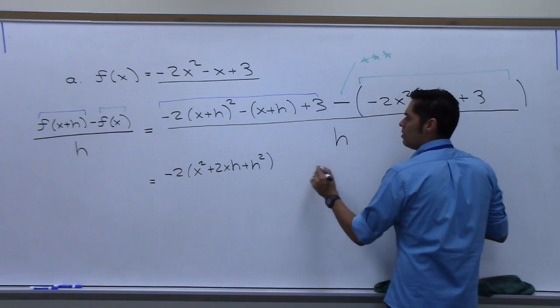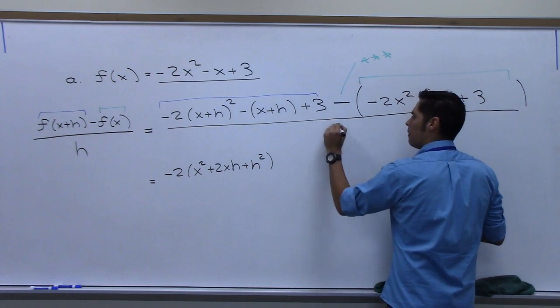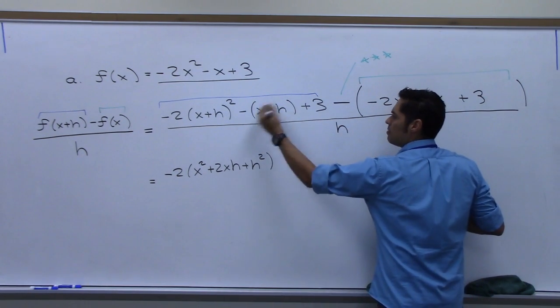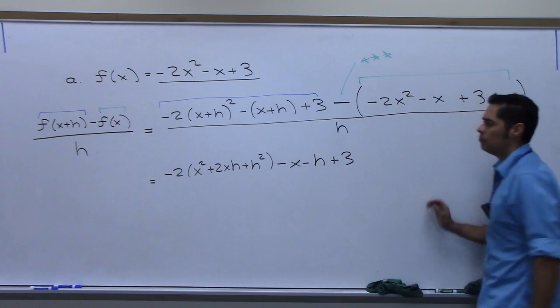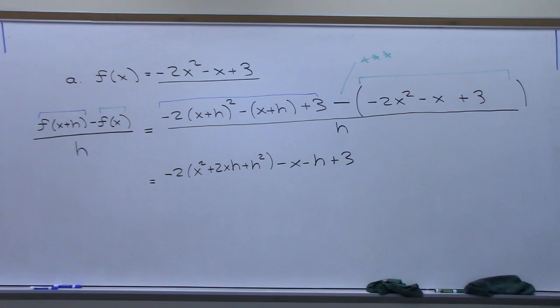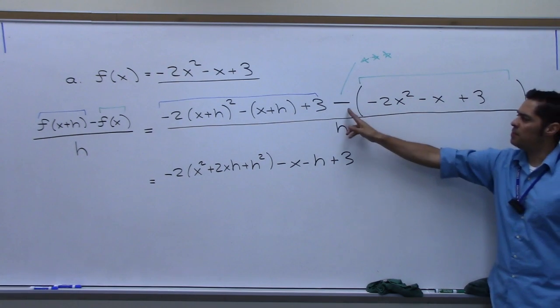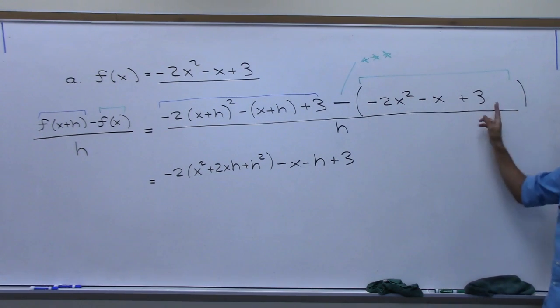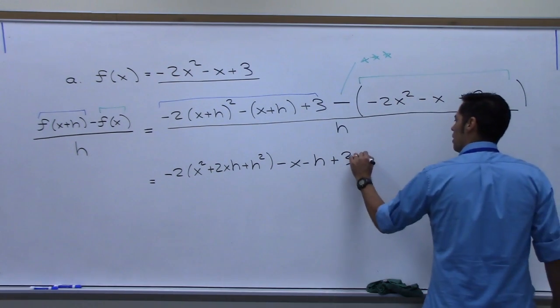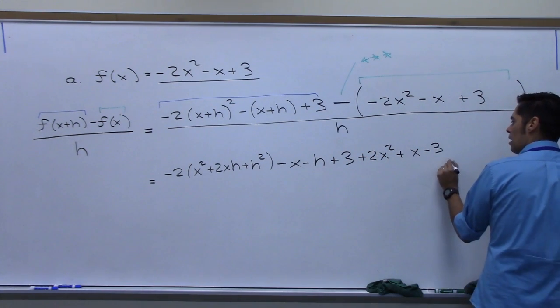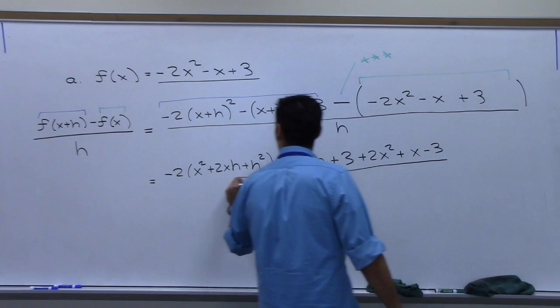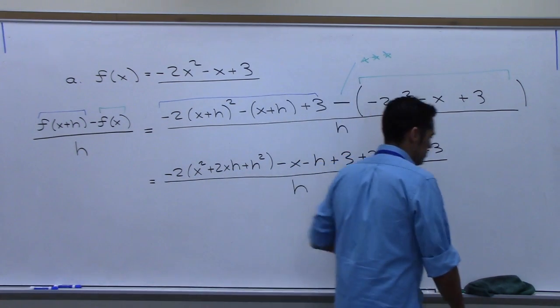Then I can distribute: minus x minus h plus 3. Over here, because of this minus, I can pass it through the function f. It'll change all the signs: plus 2x squared plus x minus 3. The entire quantity divided by h.